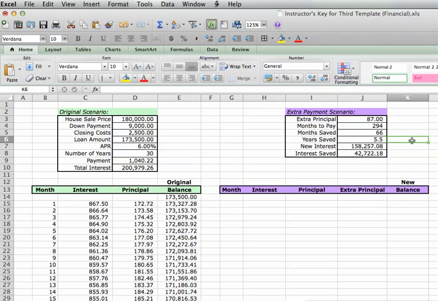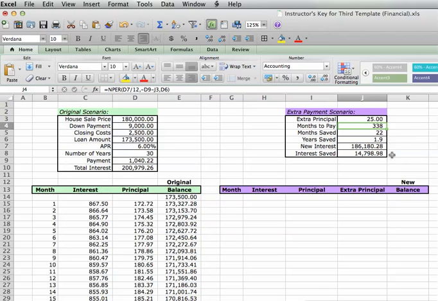So in addition to saving 5.5 years of making home loan mortgage payments, you've saved an amazing amount of $42,722 in interest because you got more aggressive and you got yourself out of debt sooner. If I change that $87 to say maybe $25, then the interest saved, of course, diminishes, as would the years saved.